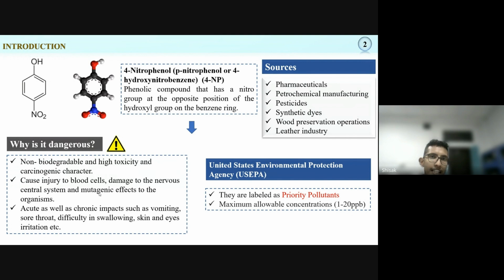Not only that, it has adverse acute as well as chronic impacts on human health, which lead to vomiting, sore throat, difficulty in swallowing, skin and eye irritation, and so forth. Therefore, this compound is considered a priority pollutant by the United States Environmental Protection Agency with a maximum allowable concentration of 1 to 20 parts per billion.